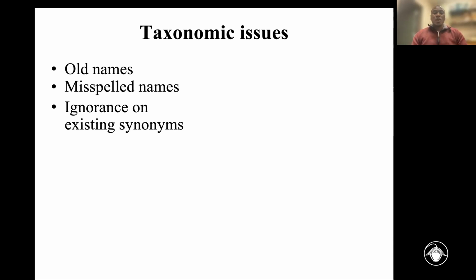And so one has to be aware or conscious of these taxonomic issues that may arise in just going on GBIF and just downloading the data, because we have to be very careful about the taxonomic issues associated with the occurrence records that we want to download. So how do we correct or deal with these issues?